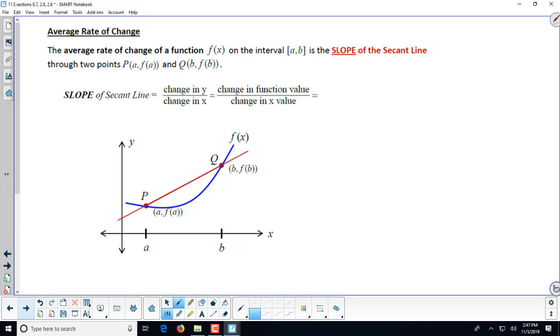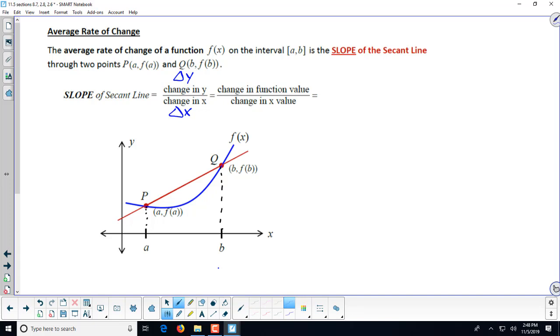If it's on the interval from A to B, then it's the slope of the line through these 2 points. So, how do you find slope of a line? Change in y over change in x. Brian brought this up. Thanks for reminding me. So we could say that's delta y over delta x. Do you remember change means delta? Okay.